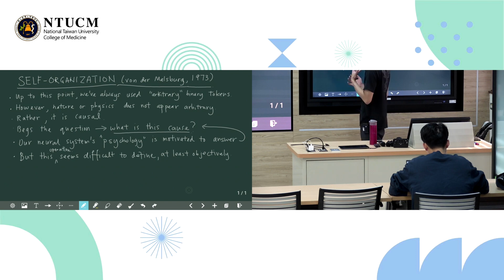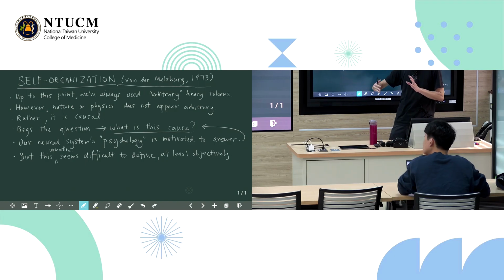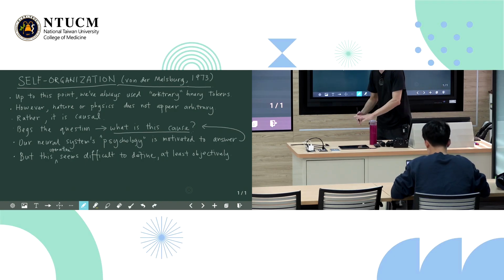But we know for a fact that our experience does seem to have this, which begs the question, okay? So this sets up, not that the von der Mossberg model or later self-organization that we'll deal with is really going to give you a satisfactory answer, I would argue. But from the previous networks that we've dealt with, we are now at the tipping point.